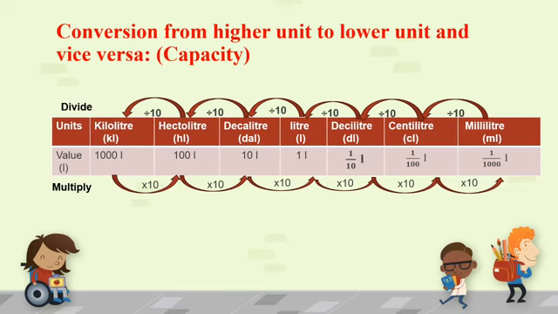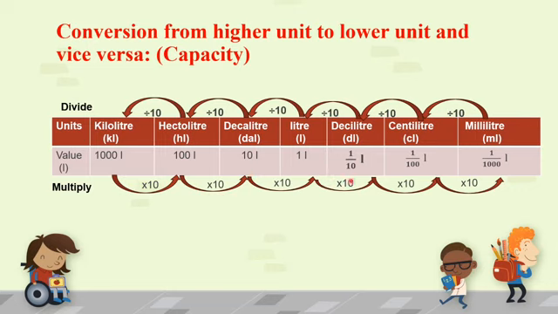So here what do you see? You see that the arrow is going from left to the right, and as the arrow is going from left to right, each of the metric units is becoming 10 times smaller. Yes, divided by 10, divided by 10, can you see? So kiloliter to hectoliter, from 1000 it has become 100, then from 100 to 10, from 10 to 1.